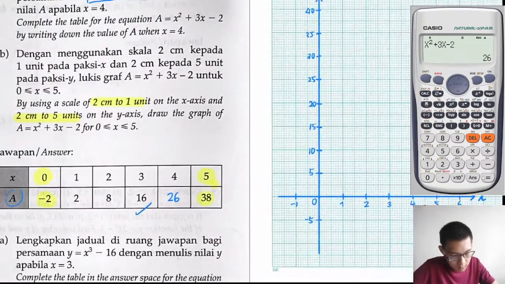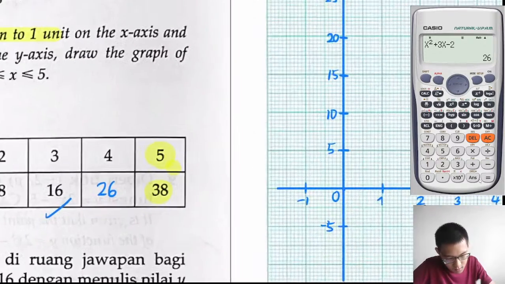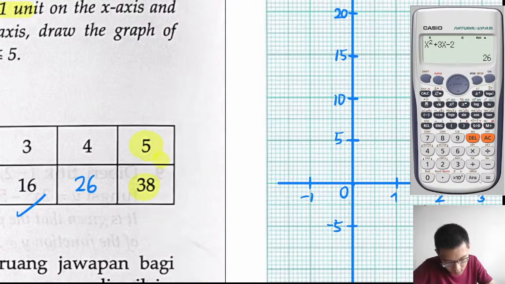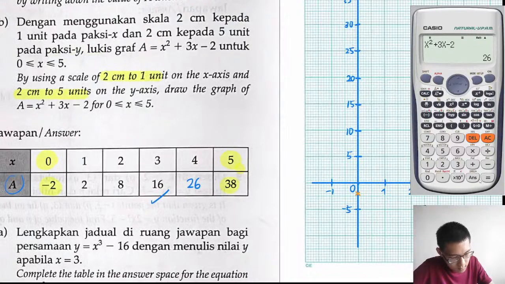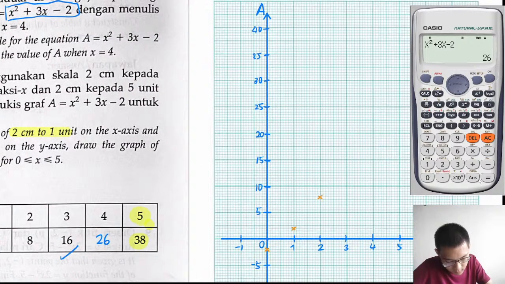Now the first is negative 2. When x equals 0, it's negative 2 here. If x is 1, it's 2. If x is 2, it's 8. 6, 7, 8 is here. When x is 3, it's 16.